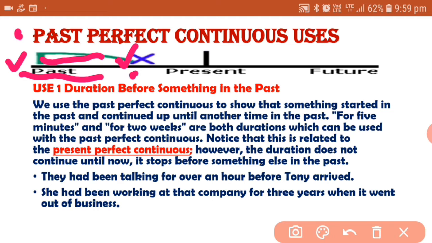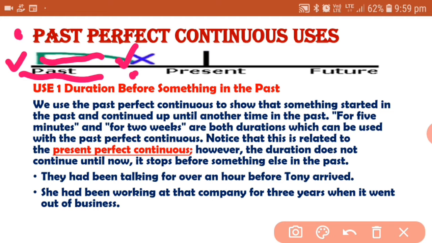Yes, students, you can say this is very similar to the present perfect continuous tense, but there is only one difference, that is the difference of helping verb. In present perfect continuous tense, we use has or have as a helping verb, but in past perfect continuous tense, we use had as a helping verb or auxiliary, you can say.